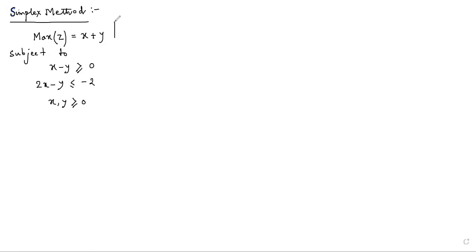This particular problem, if you draw the graph, has no feasible solution because the feasible region falls in the second quadrant. So if you draw the graph, the answer will come out that it has no solution, as the feasible region falls in the second quadrant.